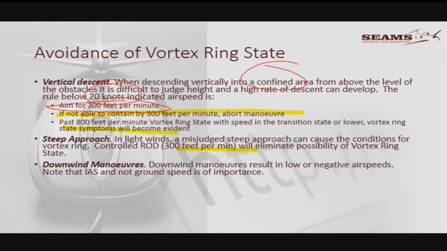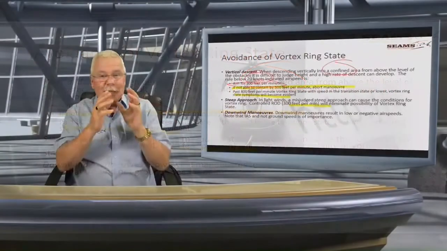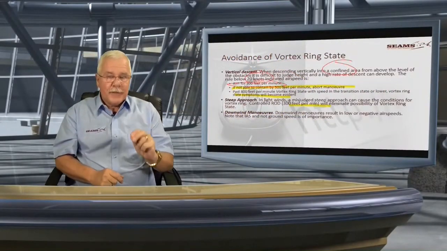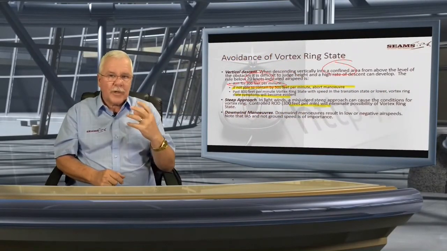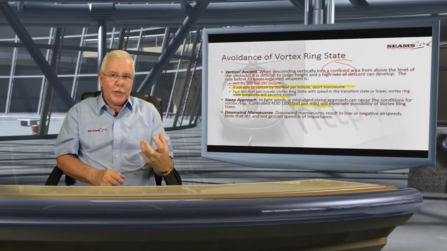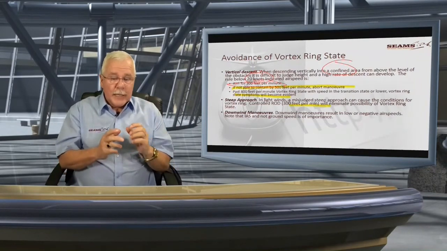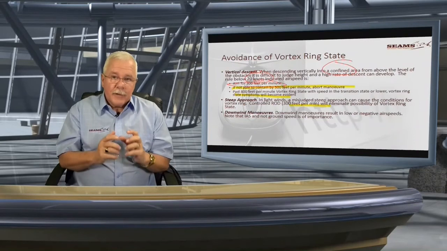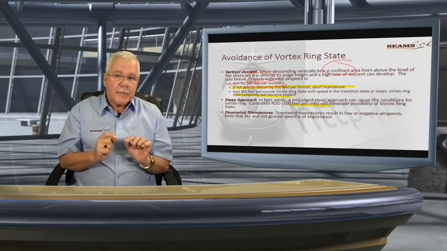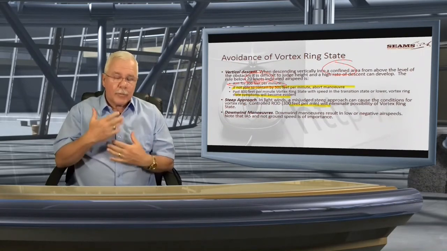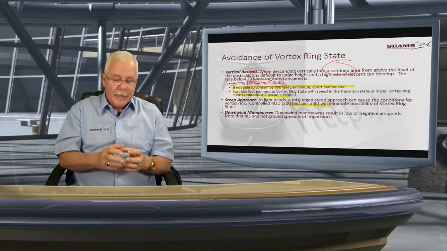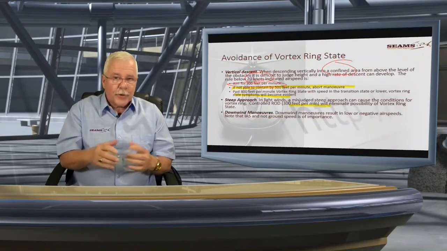Downwind maneuvers, right and low, negative airspeed. Note that the indicated airspeed and not the ground speed is important, guys. Please remember that. When we look at the other upset recoveries that I'm working on, it goes about the stability of the aircraft depends on indicated airspeed. It's what we as pilots can see. That is what we're referring to here, not ground speed.